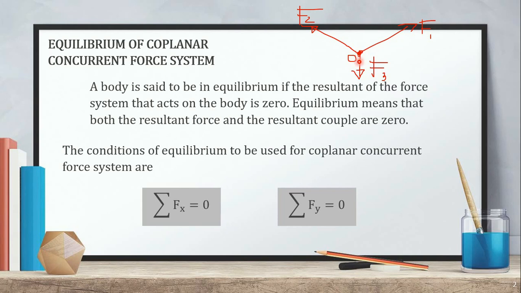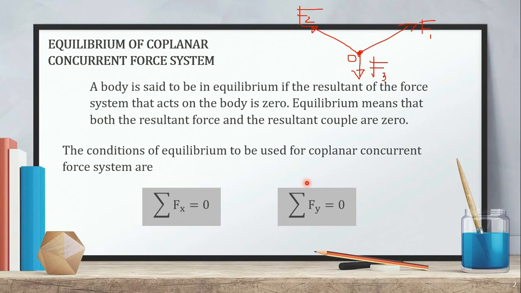So, pag nag-summation of moment ako at point O, meron bang mapuproduce na moment? Wala akong mapuproduce na moment because all forces intersect the moment arm. So, wala tayong makakame up na equation pag ginamit natin yung summation of moment is equal to 0. That's why dalawa lang yan: summation of fx, summation of fy.